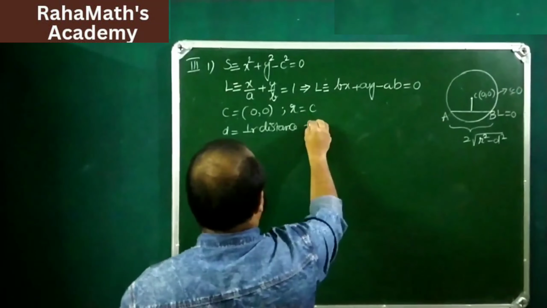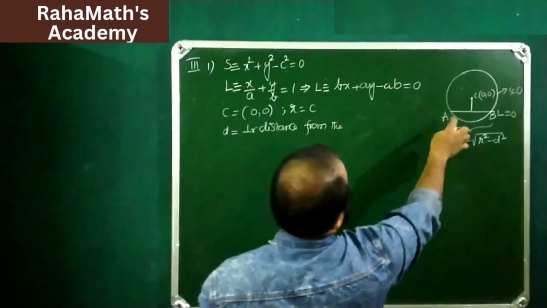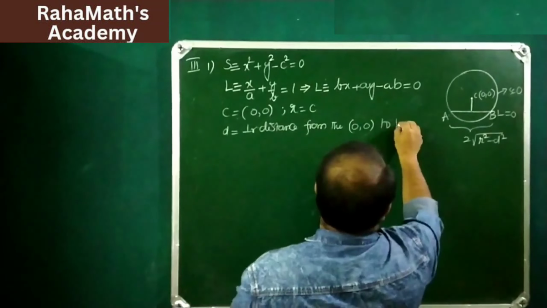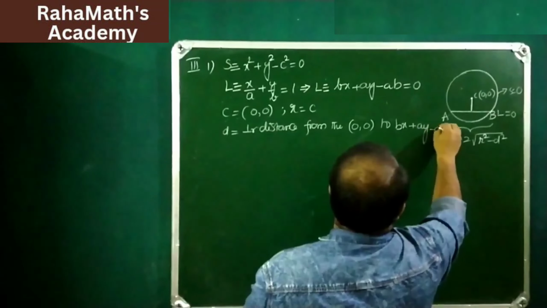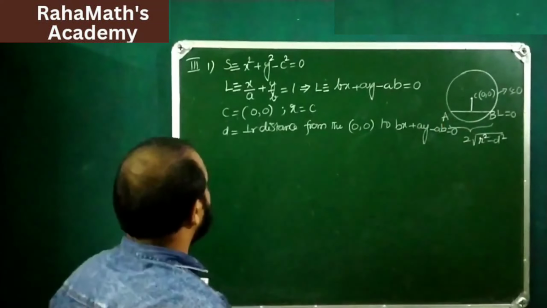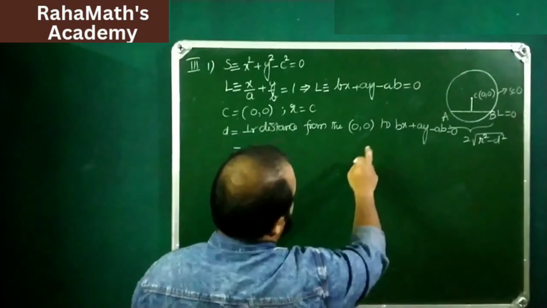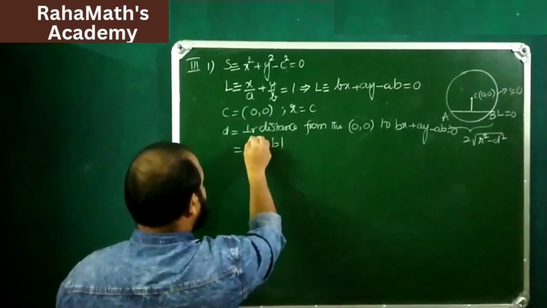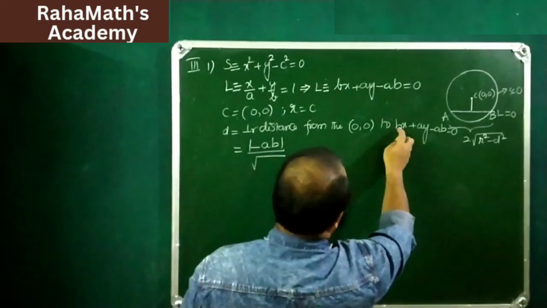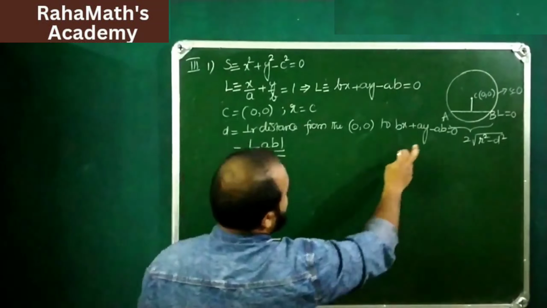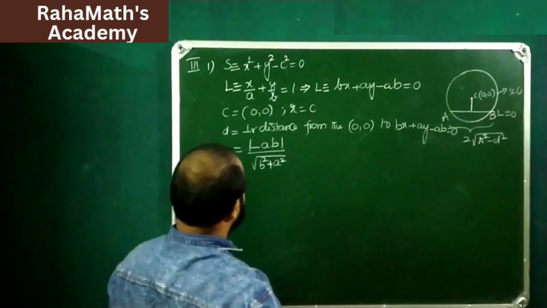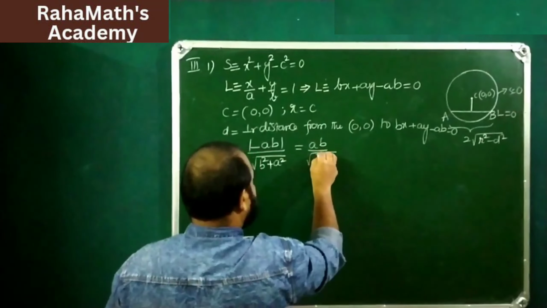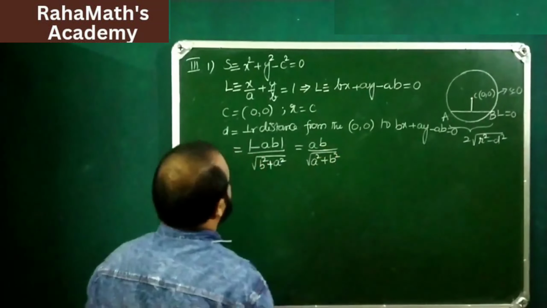So the perpendicular distance from the center (0, 0) to the line bx plus ay minus ab equals 0 is b into 0 plus a into 0 minus ab, divided by the square root of b squared plus a squared. So this is equal to the modulus of minus ab, which is ab by the square root of a squared plus b squared.